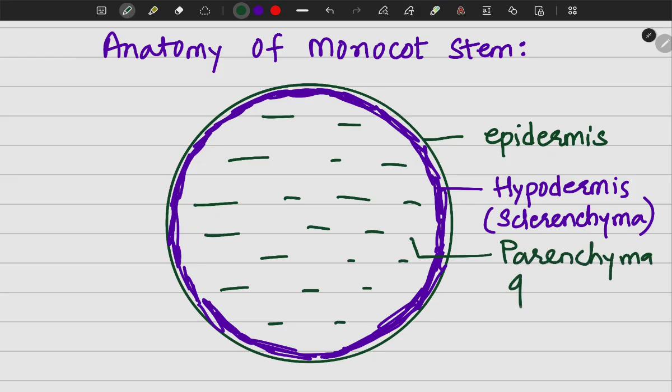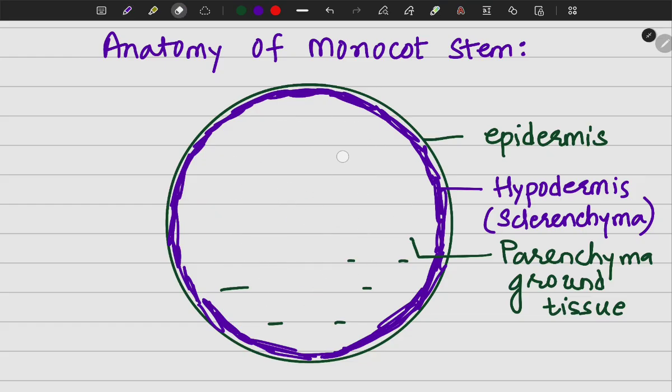This parenchymatous ground tissue covers the whole internal structure of the monocot stem below the hypodermis. In this ground tissue we will find scattered vascular bundles. The vascular bundles will be scattered in this ground tissue in a random fashion like this.